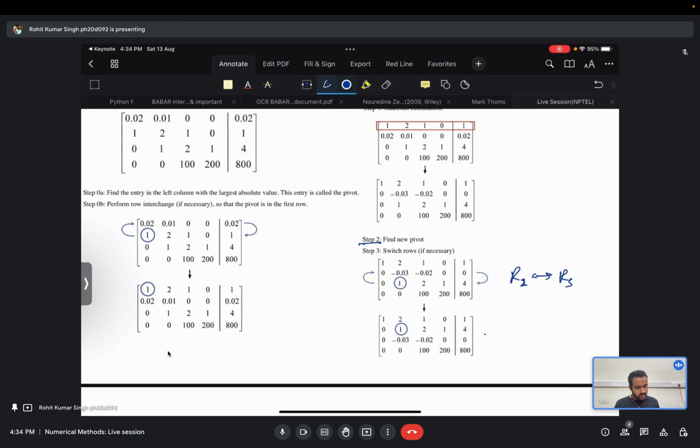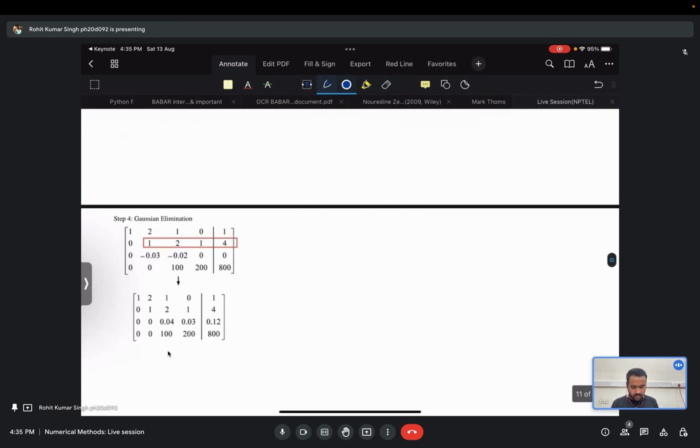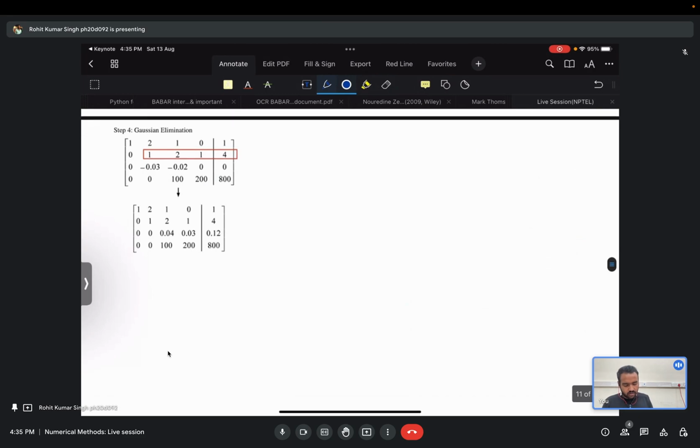And you get this matrix, and then again we have to make sure that this element goes to 0, so then you do the Gaussian elimination like before, because remember at the end we need our upper triangular matrix, so these elements need to go to 0, right? So in the next step we do Gaussian elimination again.